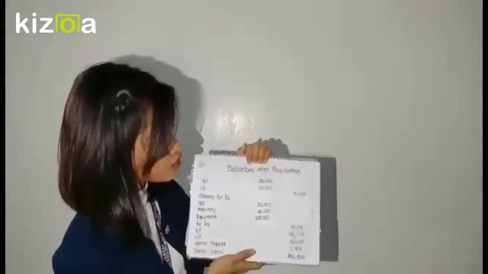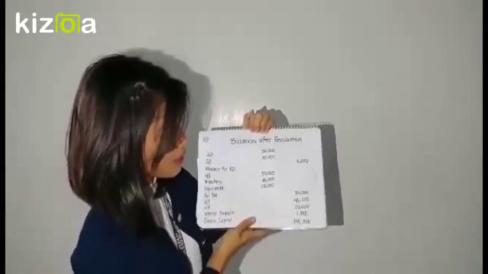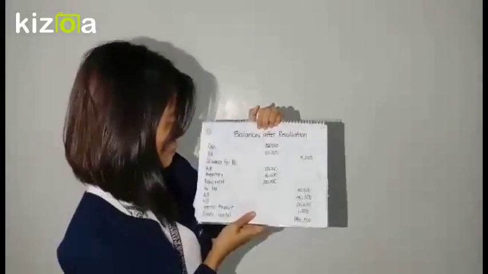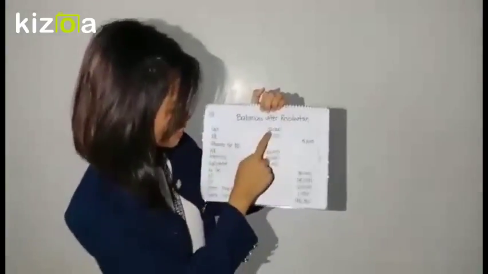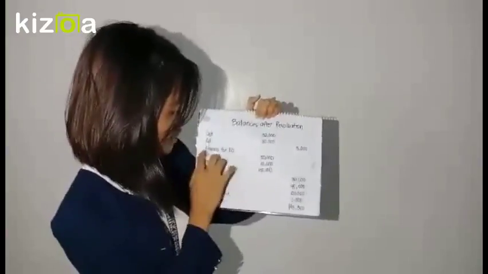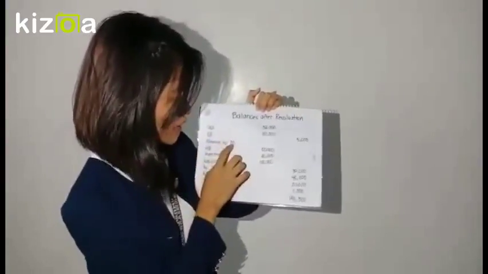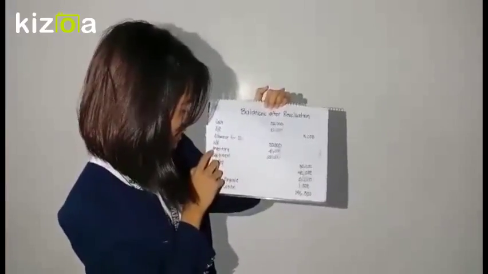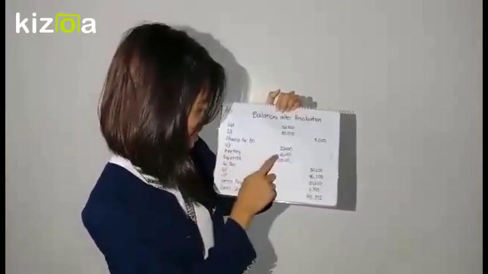These are the balances after revaluation in the first step. Cash, debit, 32,000. Accounts receivable is 50,000. Then the allowance for bad debts is credit 5,000. Notes receivable is 20,000.